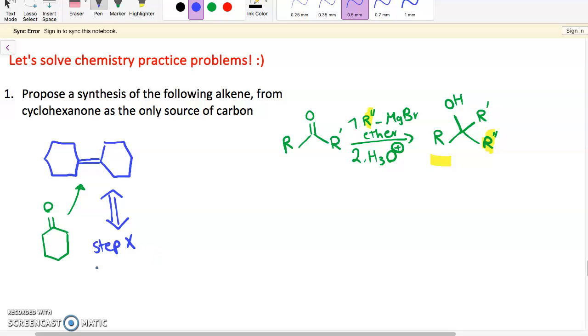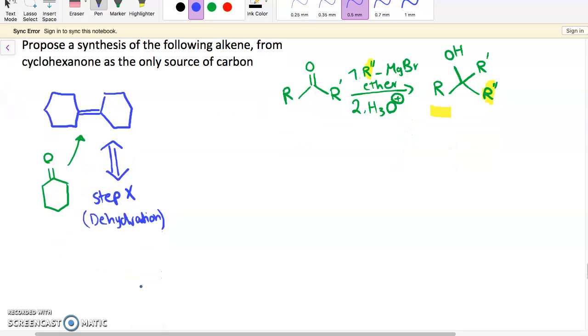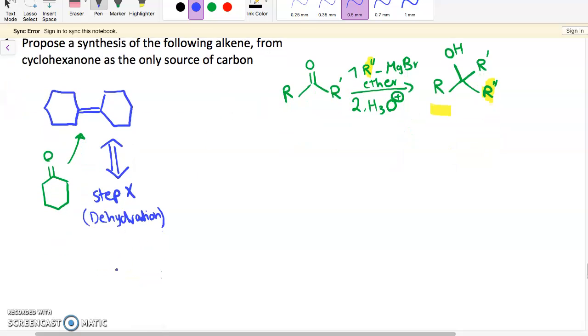So we're just going to skip that because I know I can do this through dehydration. We're going to start with the alcohol. It doesn't matter on which carbon we put the alcohol, so either this one or this one, because they're both the same.